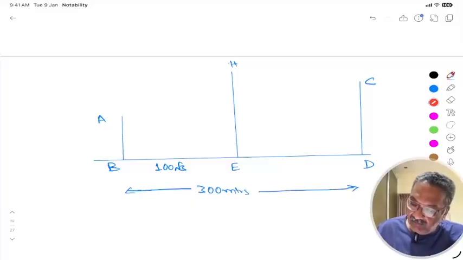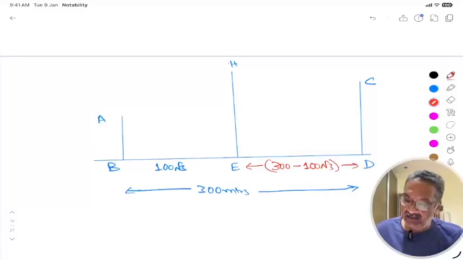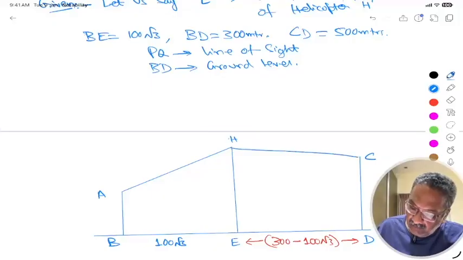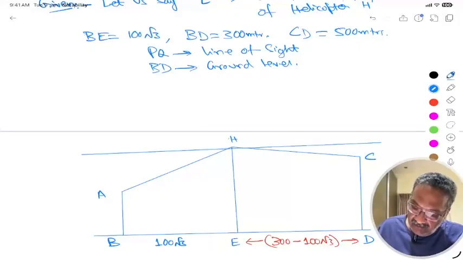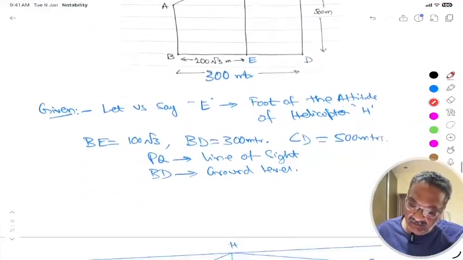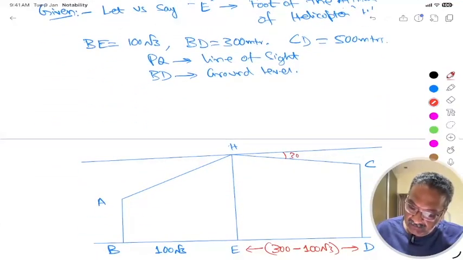Therefore ED is equal to 300 minus 100 root 3. Then we have AH and HC, and the line of sight. This is 30 degrees and this is 60 degrees.